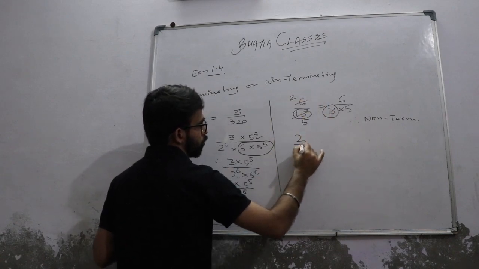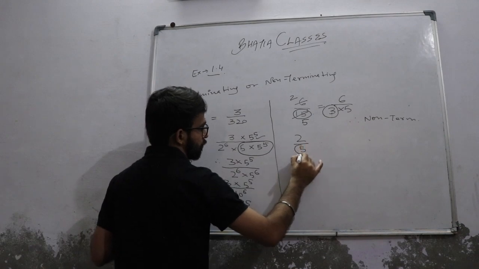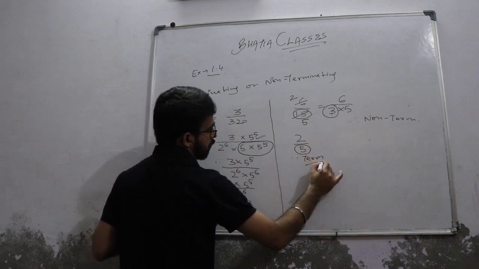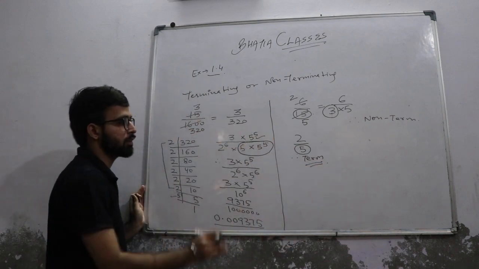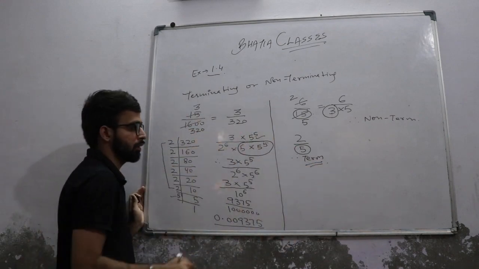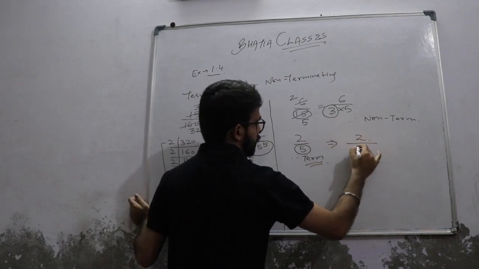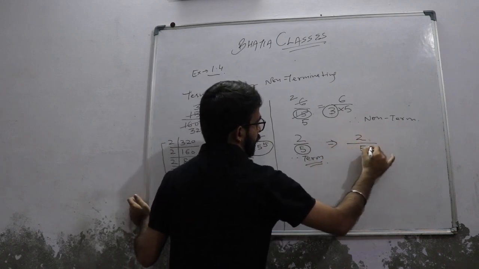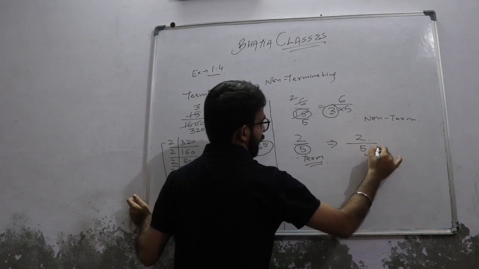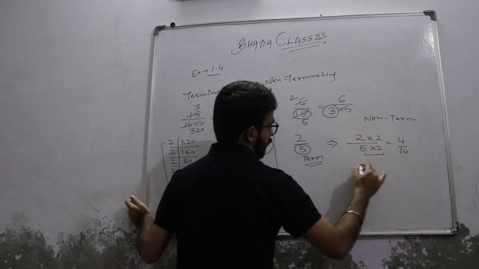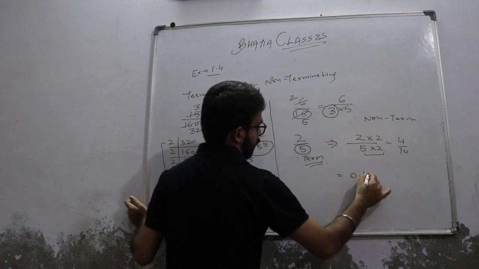Now it becomes 2 by 5. Therefore, this number is terminating. This is a tricky sum among the 10 parts. Now, by changing it into decimal, multiply 5 by 2 because 5 times 2 is 10, and multiply 2 in the numerator also, so 4 by 10, then it will become 0.4.